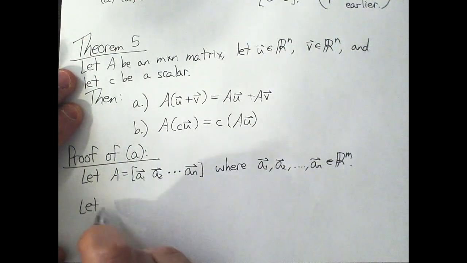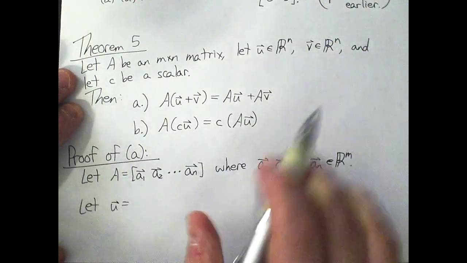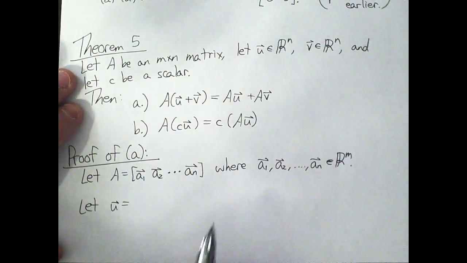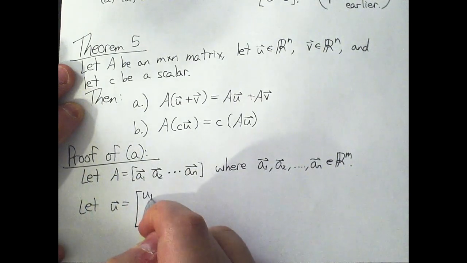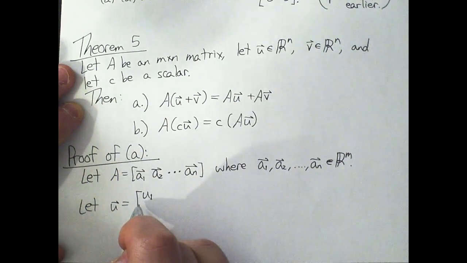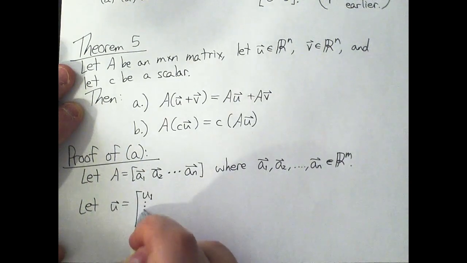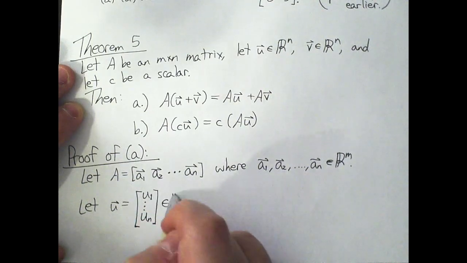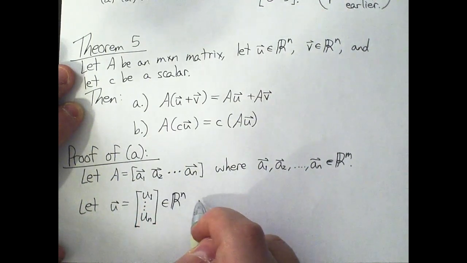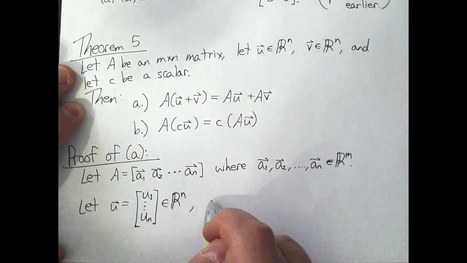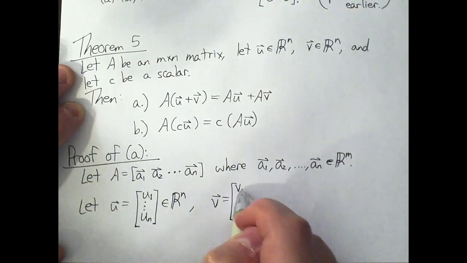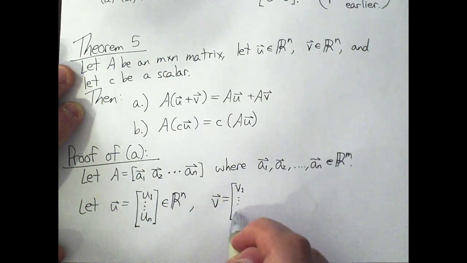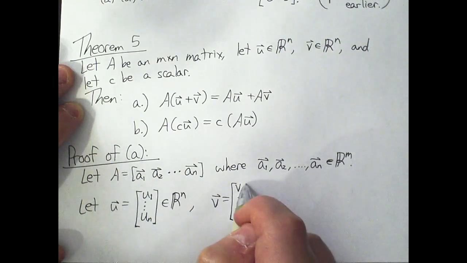I'm then going to say let U, U is supposed to be in Rn, but I would like to explicitly say what the entries are called. I'm going to call them U1 up to UN. And V is composed of V1 to Vn.